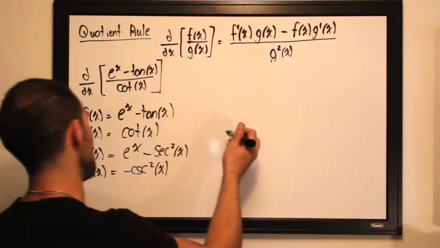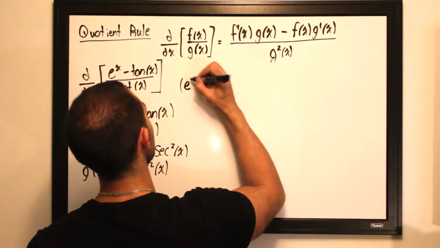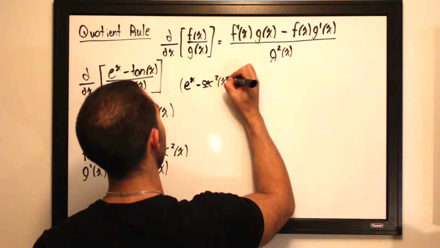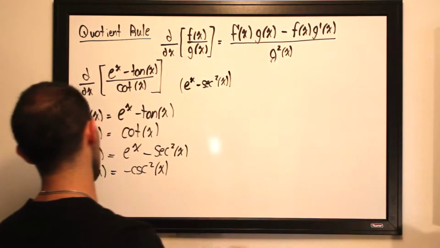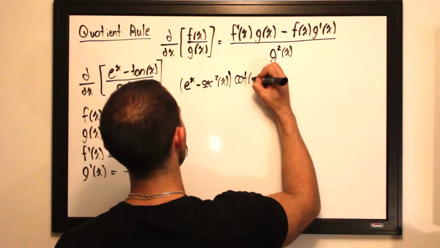So f prime times g is going to be e to the x. Once again, I'm going to be running low on space here. E to the x minus secant squared of x. Close brackets. Brackets are very important when it comes to using the quotient rule. Times cotangent of x.